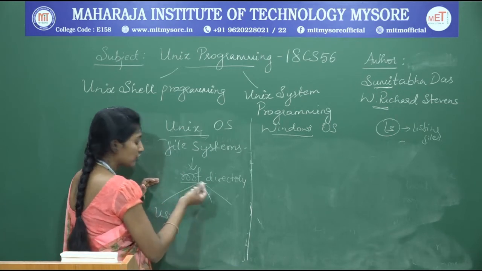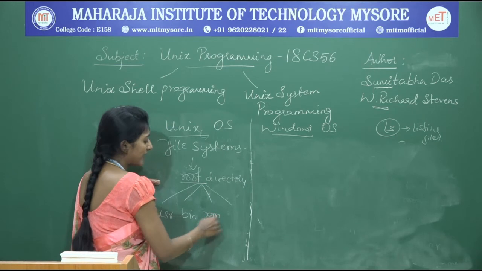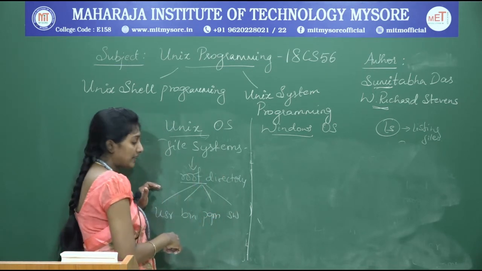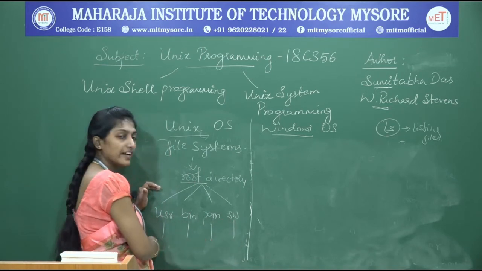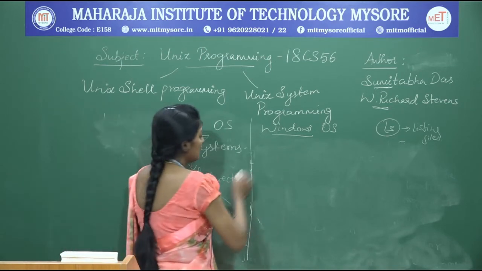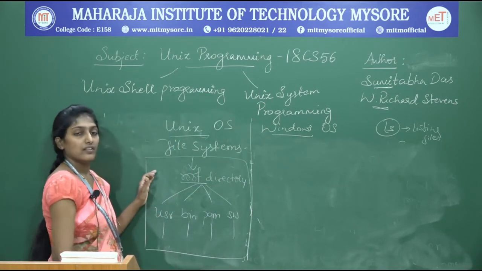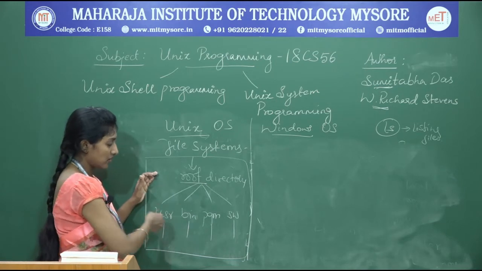Under this I might have the user directory, bin directory, or any programming tool directory, or any software directory. Under this you place all your files, and here the organization of the file system is very efficient as well as very effective.